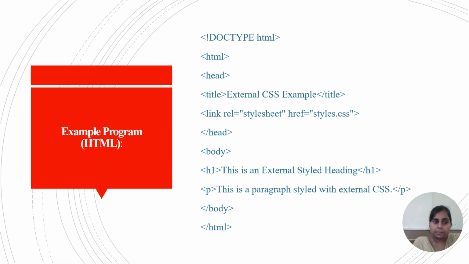Yes, I am taking that CSS file into this HTML document by using the link tag, and then I am closing the head section, and then I am taking the body section, and it will have an H1 tag and a P tag. So the H1 tag has 'This is an external style heading', and then the paragraph tag is here: 'This is the paragraph style with external CSS'.